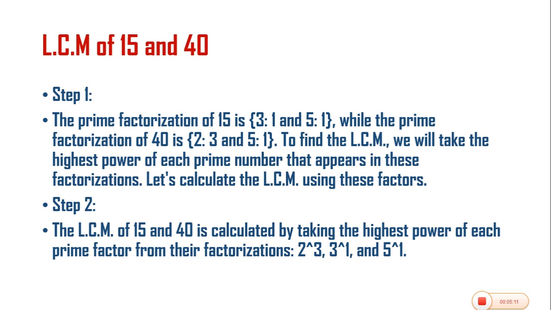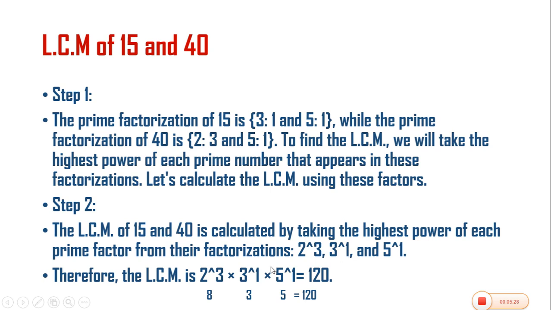The LCM of 15 and 40 is calculated by taking the highest power of each prime factor from their factorizations, which is 2 raised to power 3, 3 raised to power 1, and 5 raised to power 1. Therefore, 2 raised to power 3 is equal to 8, 3 raised to power 1 is equal to 3, and 5 raised to power 1 is equal to 5.